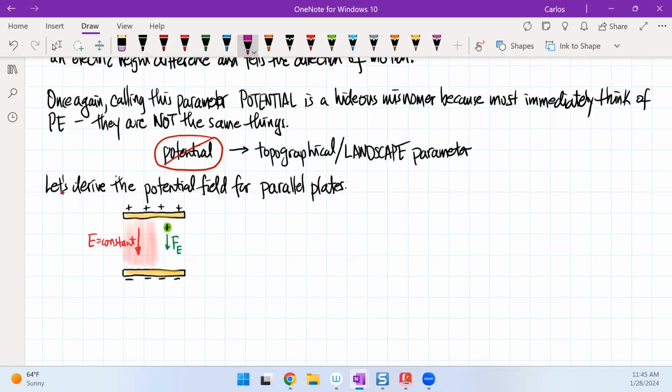And if our displacement is in this direction, we then do positive work. Okay, so here we go. So let's label these things. Let's say that this is our terminal point, which we'll call point A, and we're going to call this point B. This is our lower plate and this is our upper plate. So you can see here that we have a plate separation of delta R.